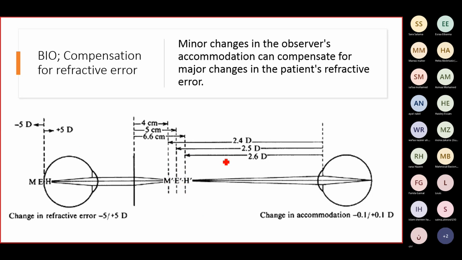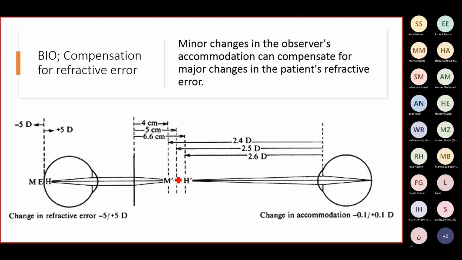So the doctor will not need to do much accommodation to focus on the aerial image of eyes with different refractive errors. This is not similar to the direct ophthalmoscope. In the direct ophthalmoscope, you need to dial the lens wheel to compensate for the change in the refractive error of the patient's eye. Otherwise, you will need to do a massive amount of accommodation.